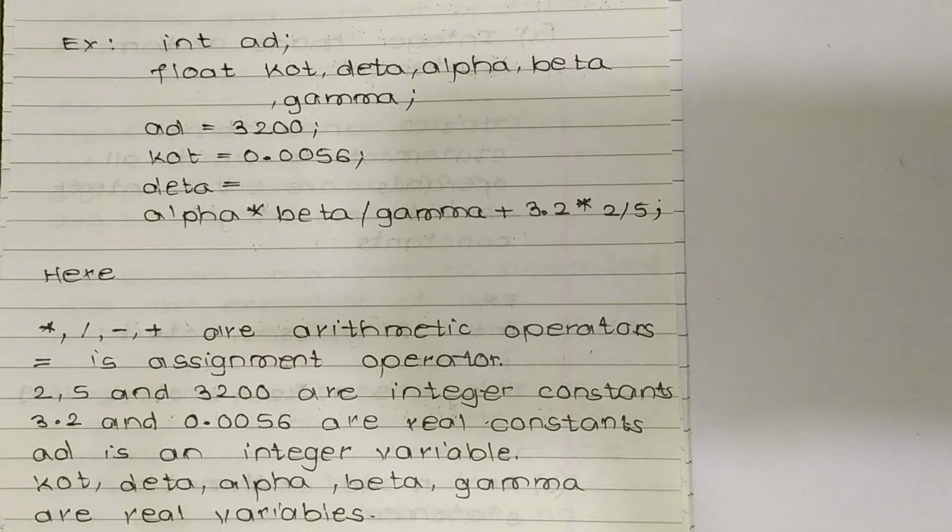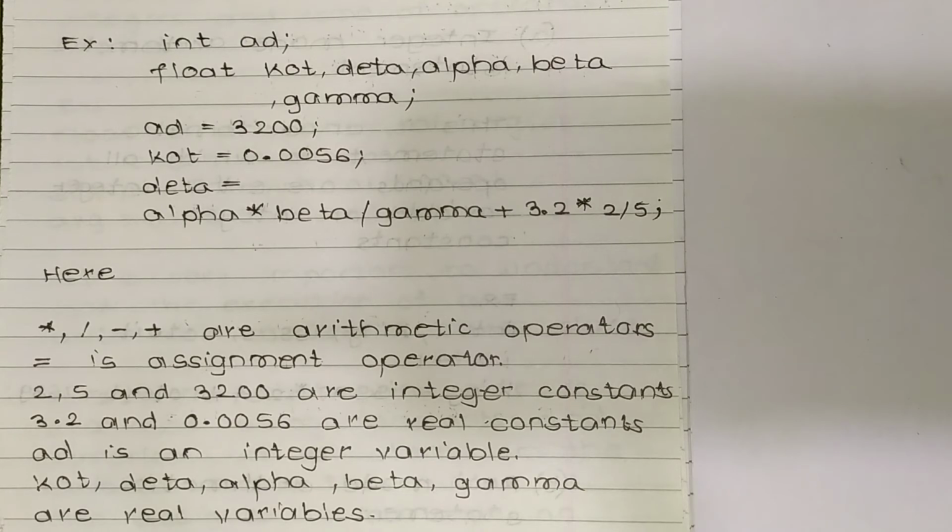Now data is equal to alpha multiplied by beta divided by gamma plus 3.2 multiplied by 2 divided by 5. So data, that is the name of the variable, is on the left hand side, and alpha into beta divided by gamma plus 3.2 into 2 divided by 5 is on the right hand side.